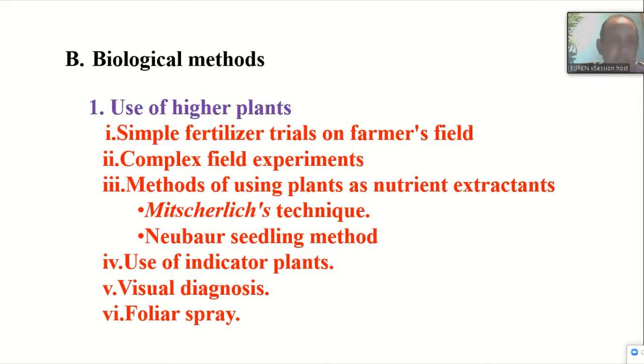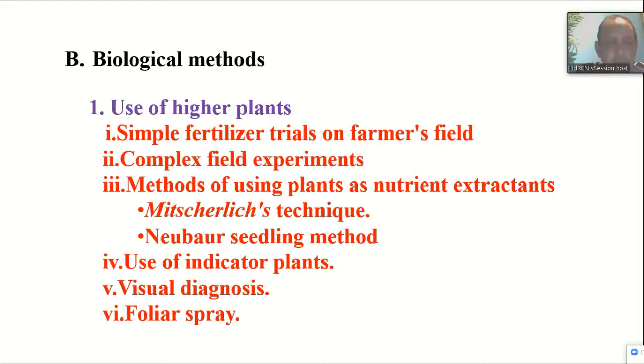We can also use indicator plants. Some plants show specific symptoms on their plant parts for specific nutrients. Another one is visual diagnosis. You may already know this from agronomy or some other classes.